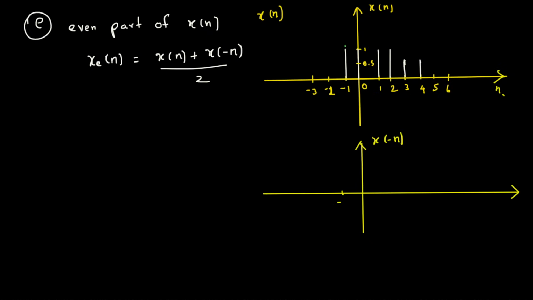If you have negative 1, height is 1, that's going to be at positive 1 and height 1. So it's flipped. So let's draw that one. Minus 1, minus 2, minus 3, minus 4, and here this is 1, 2, 3, and 4. And the heights we are interested in are 0.5 and 1. Those are the heights that exist.